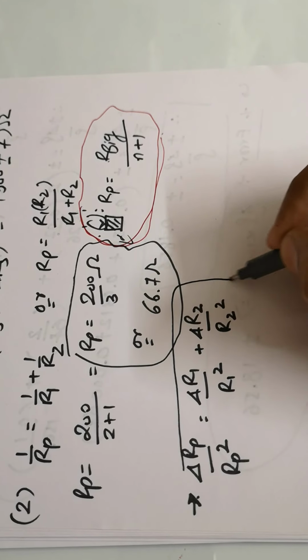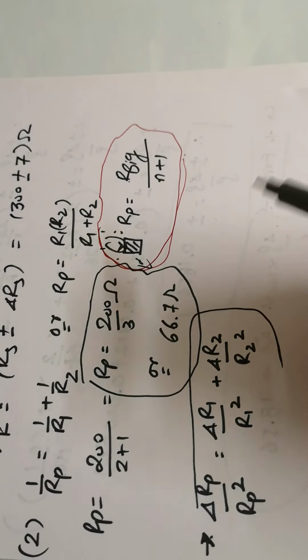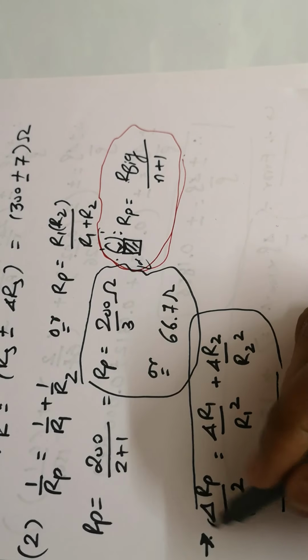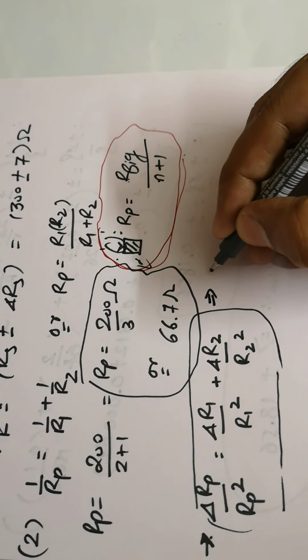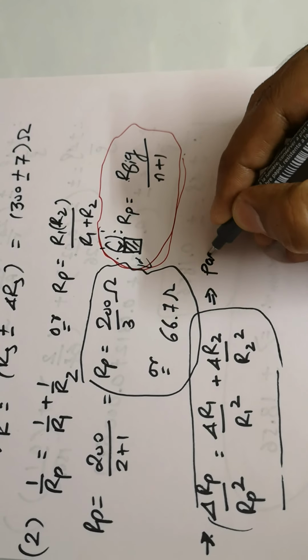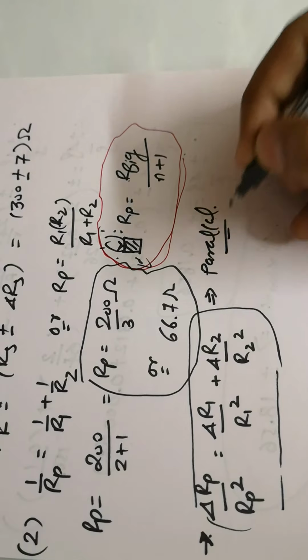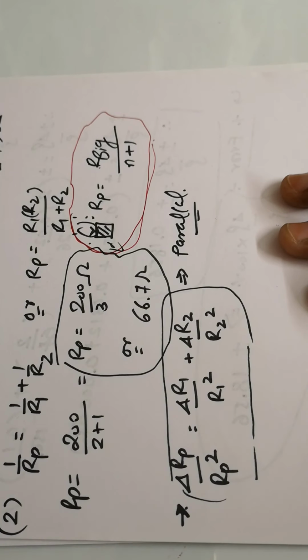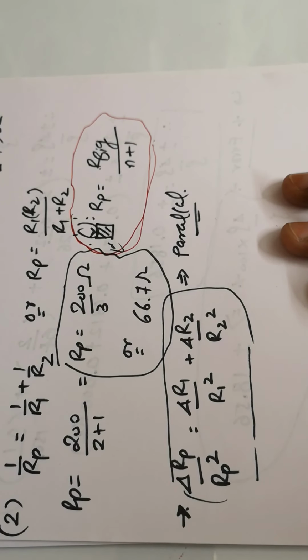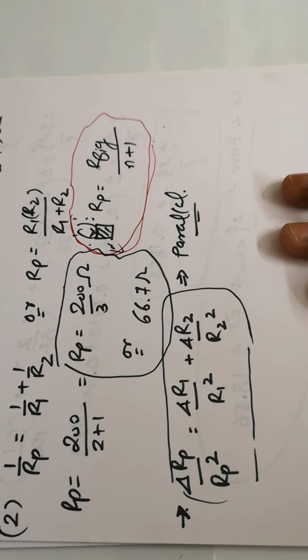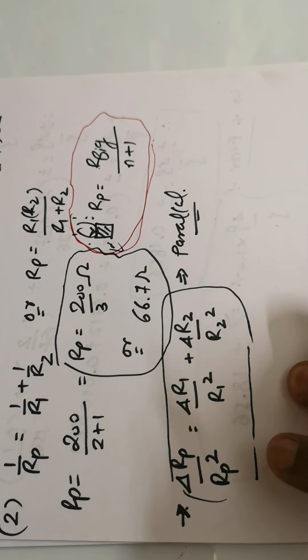This is the equation for resistors in parallel. This is the equation which may sometimes give goosebumps to the students because they forget how to calculate all those data.